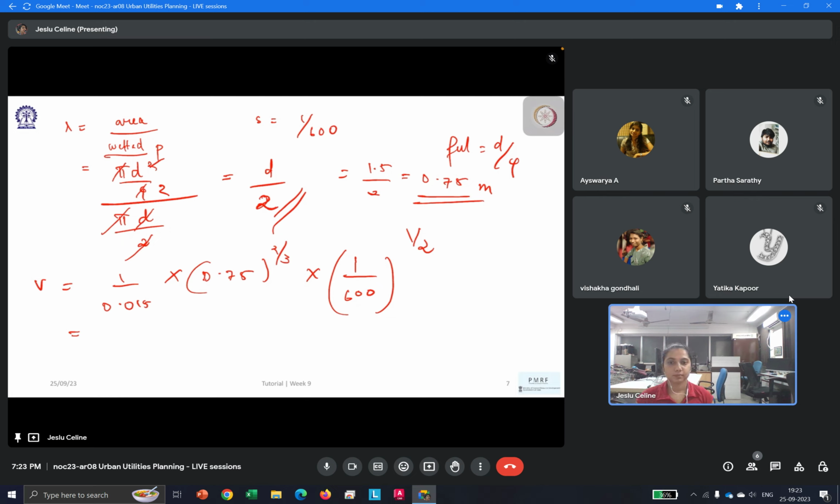Calculating. 1.08 meter per second. Let's see, how much did you get for 0.75 raised to 2 by 3? That's not the answer, so maybe you're going wrong somewhere in the calculation.